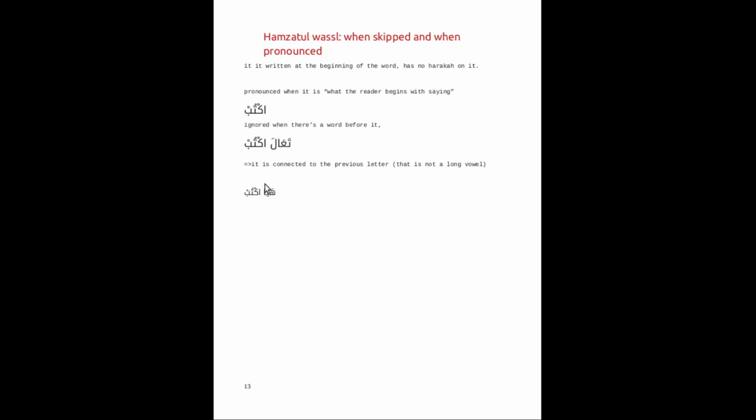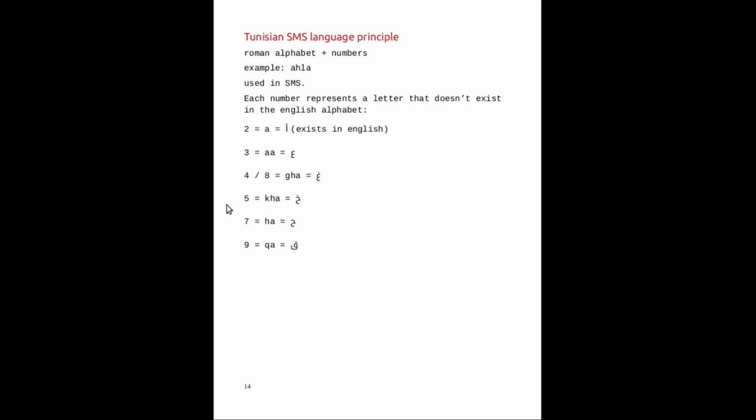And actually this letter is a vowel, so what we will do is ignore it as well and move on to the previous one, which is ya. So instead of saying hayya uktub, I will say hayya, stopping here, and then move on to this letter. Hayyaktub.